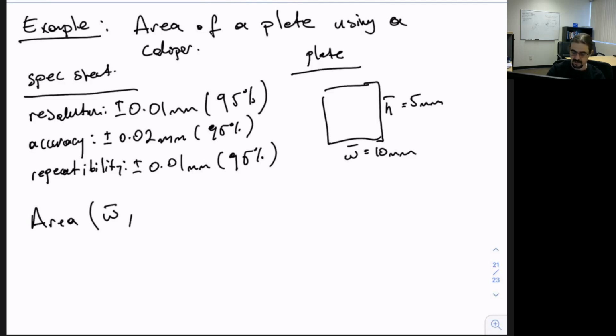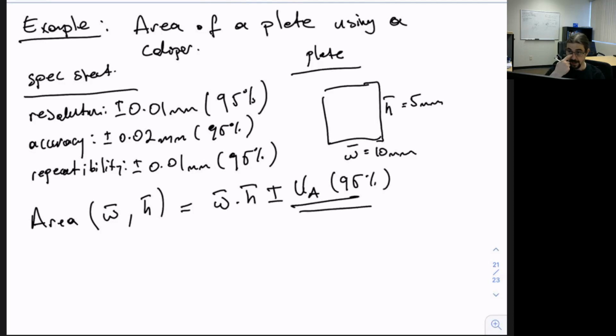One is width, and then the other one is height. Okay, and it's given as the width times height, and then what we're trying to find is the UA, at 95 percentile. So the question is, what is UA?